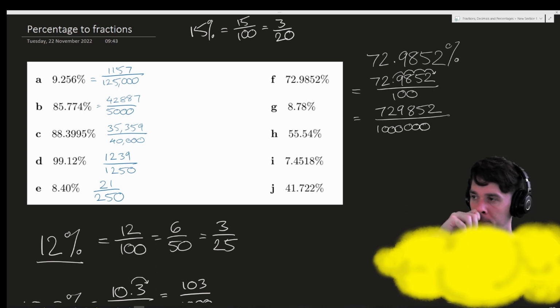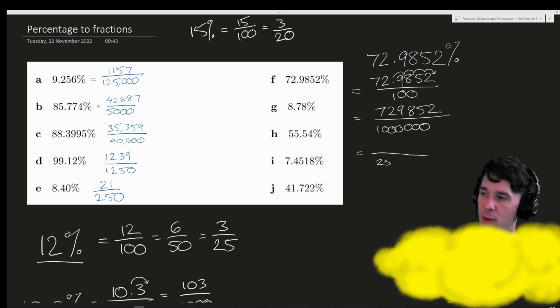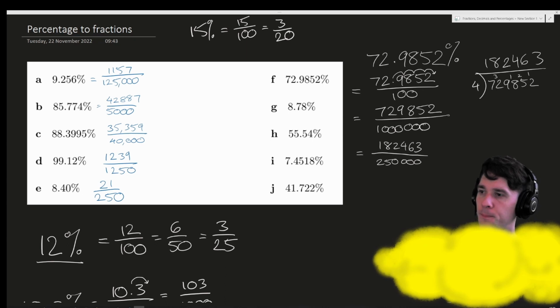All right. Now let's simplify our fraction. So I'm going to divide by 4. So 1 million divided by 4 is going to be 250,000. And then let's do the numerator. 4 into 729,852 will be 182,463.